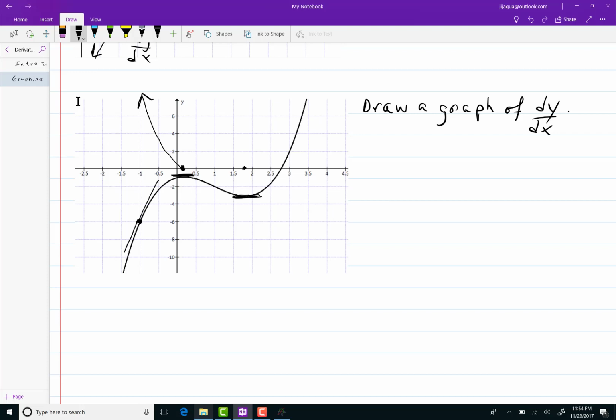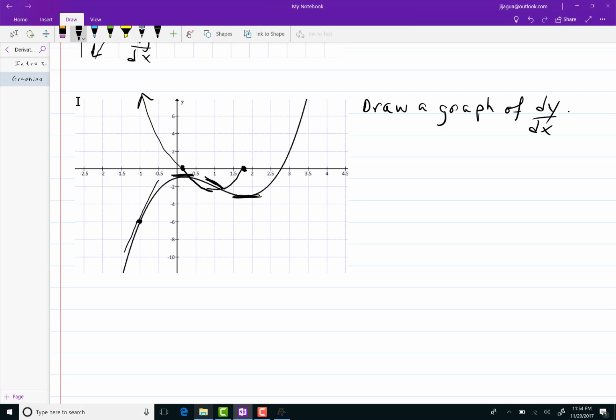So that'll correspond to having something like this. See that? Now, from this point here to this point over here, the tangent line is going downward. So the graph is going to be in the negative for the derivative. But keep in mind, it's got to hit the 0 between 1.5 and 2, so it's got to come back up.